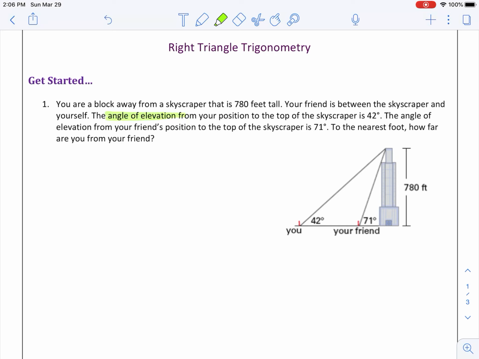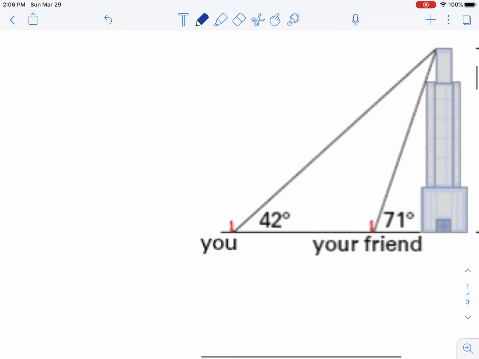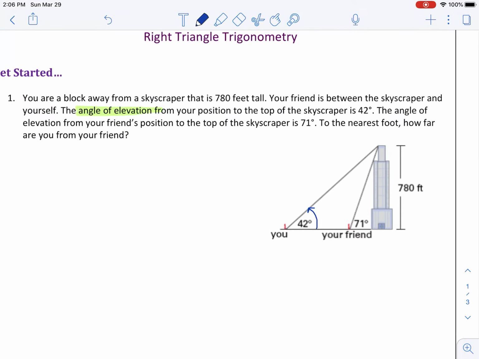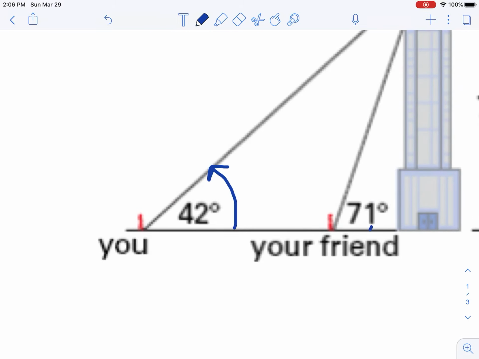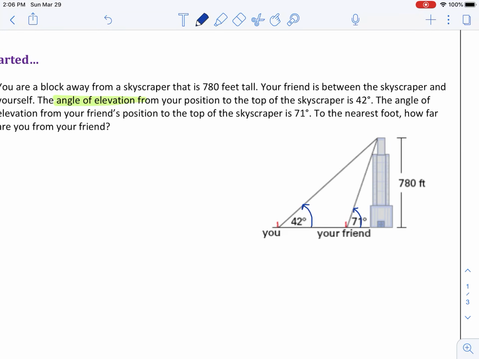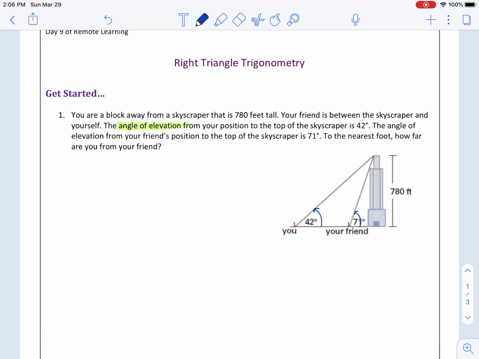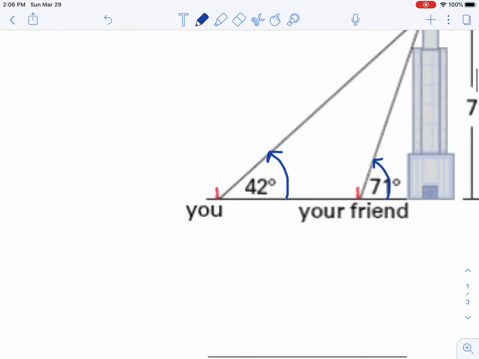The angle of elevation from your position to the top of the skyscraper is 42 degrees. So this is your angle of elevation. And your friend's angle of elevation is 71 degrees. To the nearest foot, how far are you from your friend?